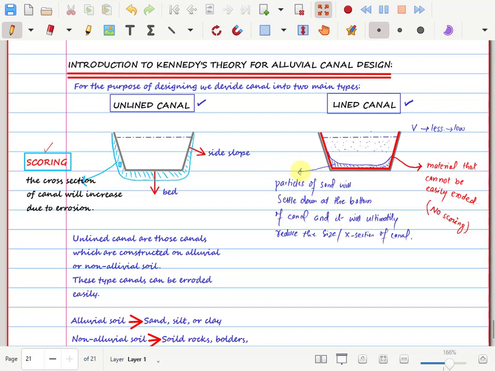Okay, there is a term to define it, we call it, let me write it here. Yeah, silting. Okay.